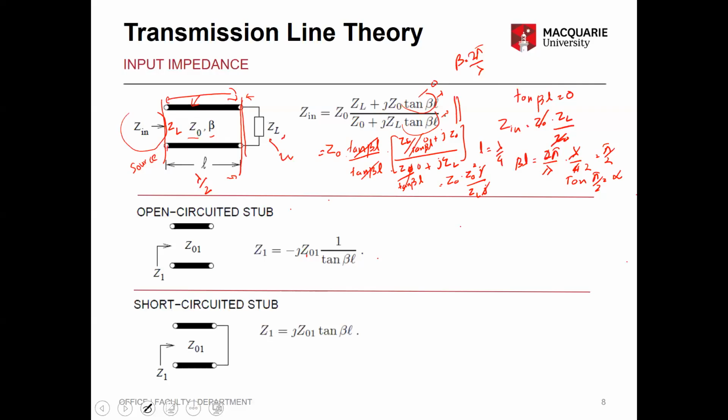The j cancels out, so your input impedance is Z0 squared over Z load.